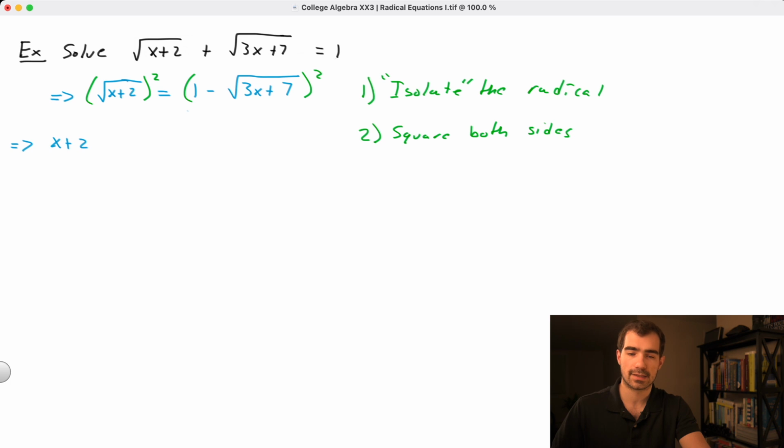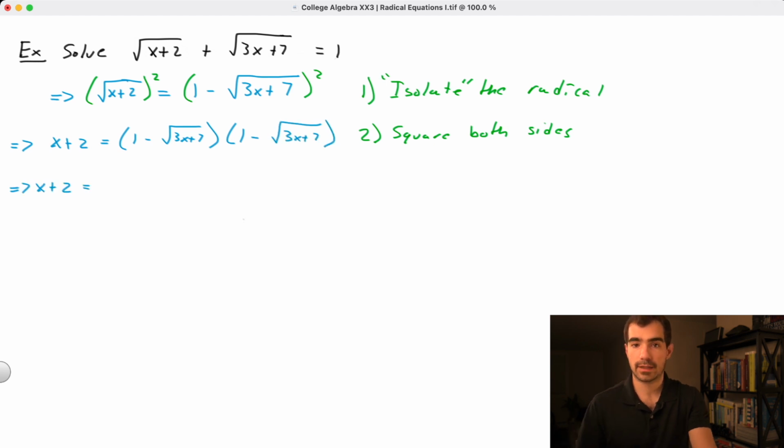On the right-hand side here, we're going to have to be a little bit careful to make sure that we FOIL. And so this will equal 1 minus the square root of 3x plus 7 times 1 minus the square root of 3x plus 7. Then from here, being careful to FOIL this out, we'll multiply the first term by the first term, or 1 times 1, which gives us 1.